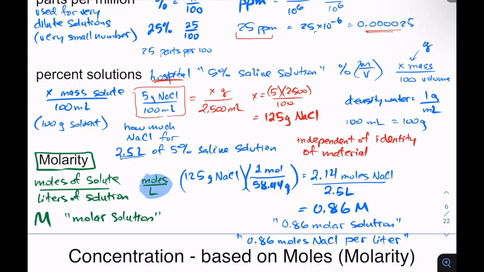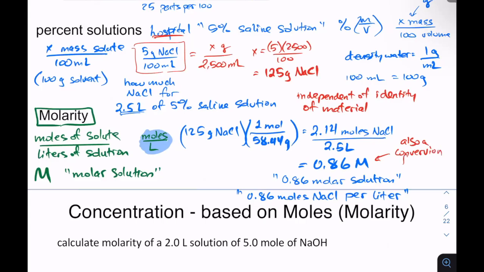Anytime you've got a quantity that's something per something else, like the molar mass, right? 1 mole per 58.44 grams of sodium chloride. That's the inverse of the molar mass, but it's a ratio, okay? But we can use that as a conversion factor. All of these can be used as a conversion factor. Okay, so now you know what the molarity of this 5% solution is.